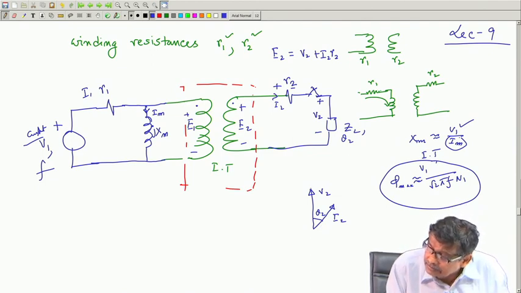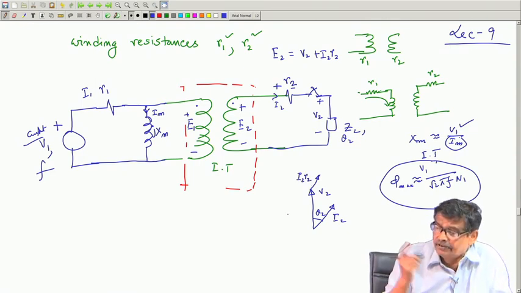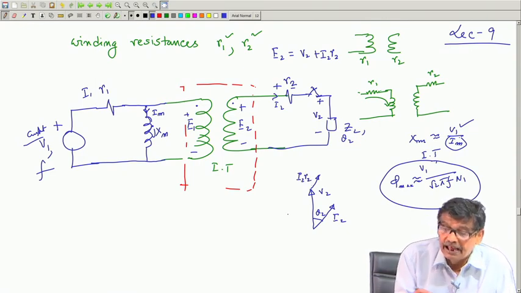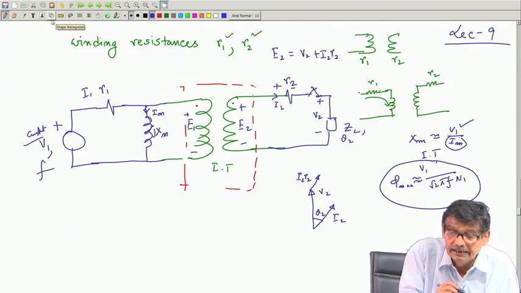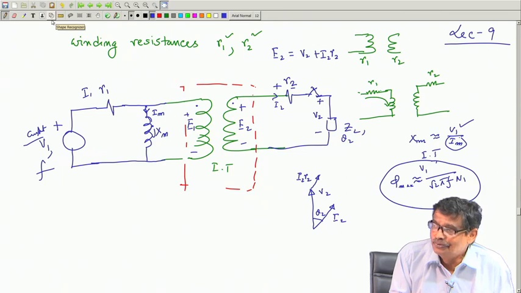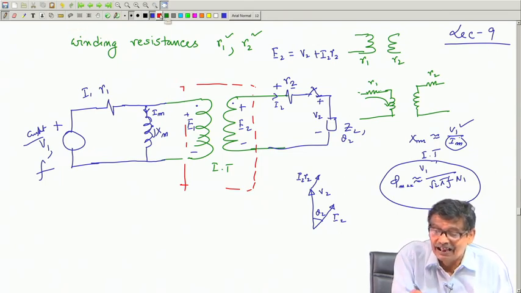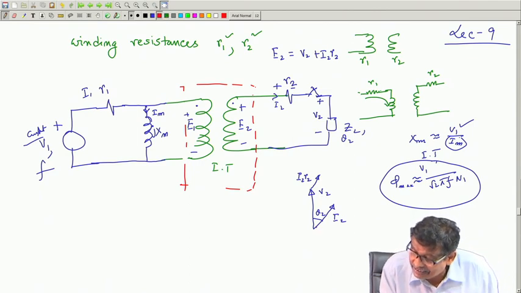The I 2 R 2 drop will be very small, because R 2 is small. If you do that, you will get your E 2, the induced voltage in this ideal transformer, which I will draw by a red line here.